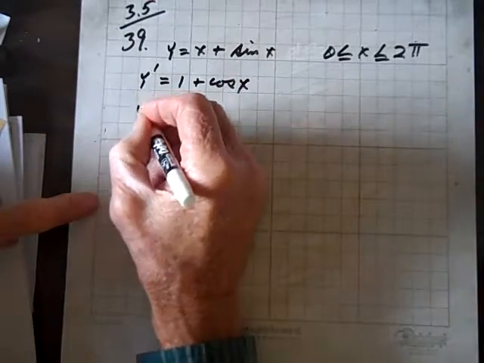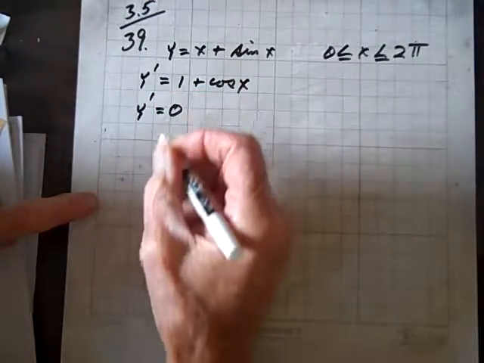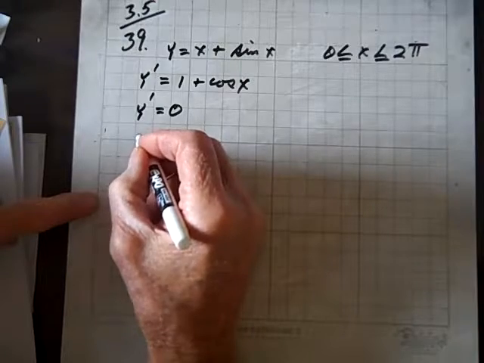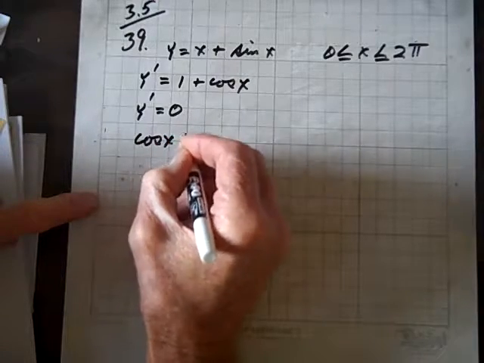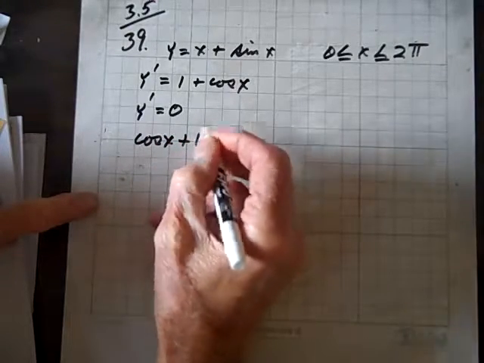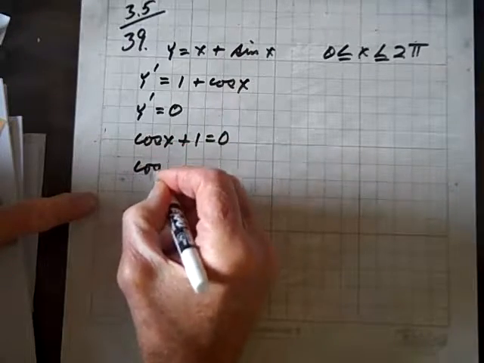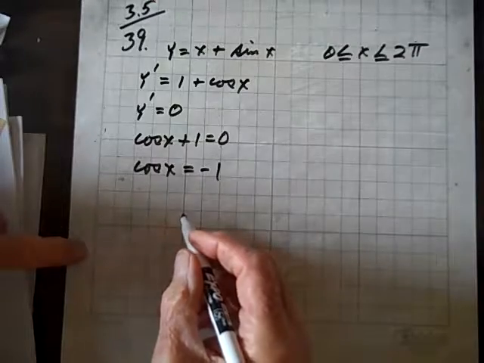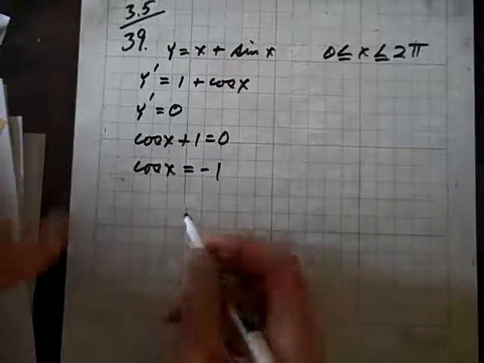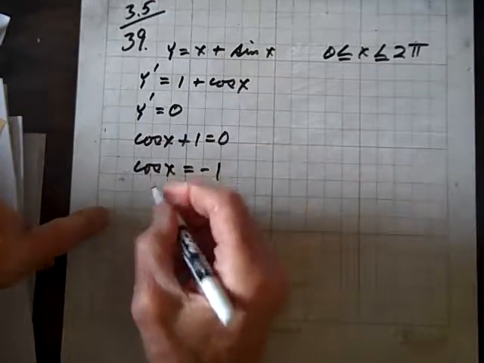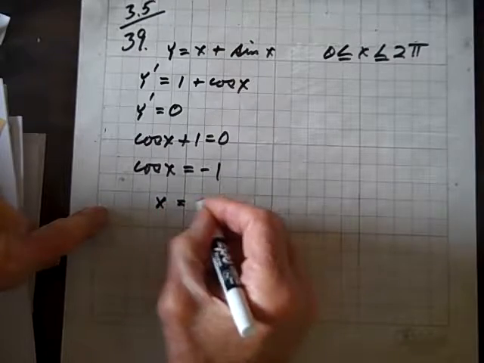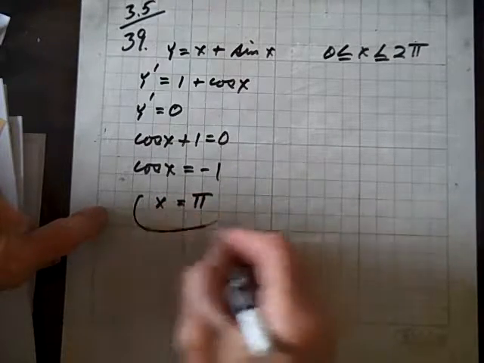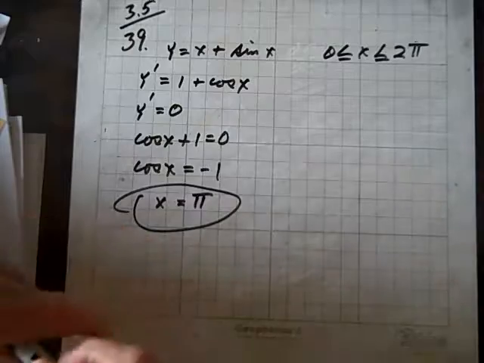So now we'll set y prime equal to 0. That is, we'll set cosine of x plus 1 equal to 0. So cosine of x equals negative 1. So the solution to that is, on the interval 0 to 2 pi, x must equal pi. So there's a flat spot at x equals pi.